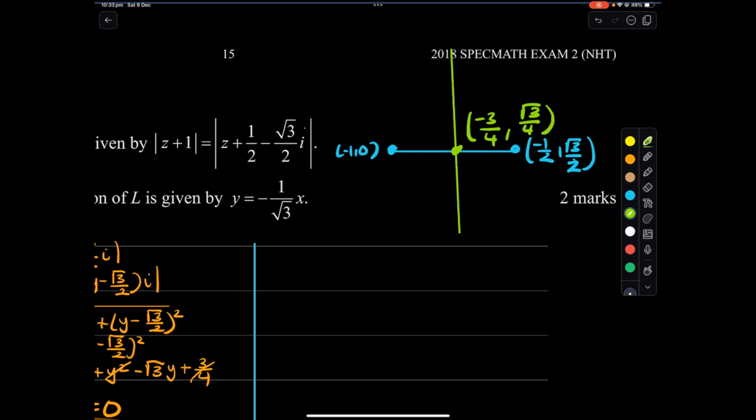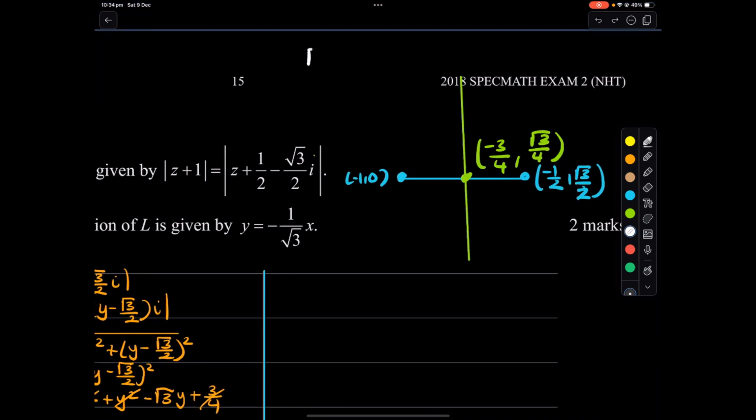And what about the gradient? Because if we can find the gradient and we have a point on the graph, we can actually find the equation very easily. Well, we have those 2 points, so we can find the gradient of this line and then the perpendicular gradient, so your normal line. So it's going to be root 3 over 2 minus 0, over negative half minus 1, so minus, pretty much plus 1.